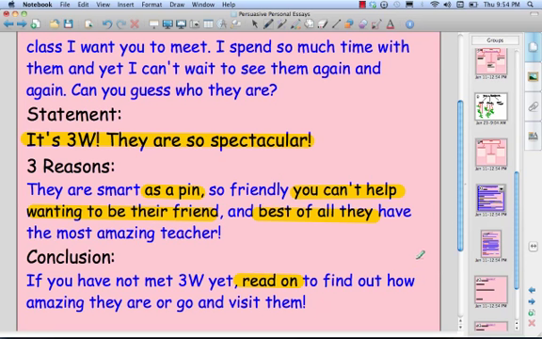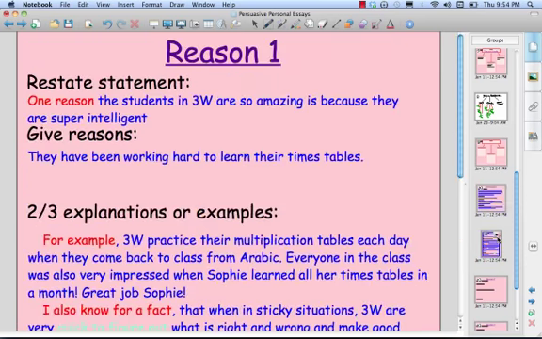You want to encourage your friends or your readers to read your writing and to be convinced that and agree with how you feel about your topic, whether it's about dogs or cars or friends of yours or family members of yours. Okay, now let's go on to my first reason.